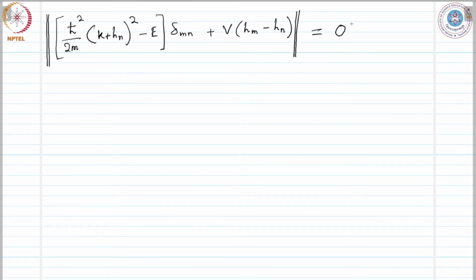Now we consider some important particular cases to understand exactly what this kind of problem leads to. Let's consider the nearly free electron approximation.